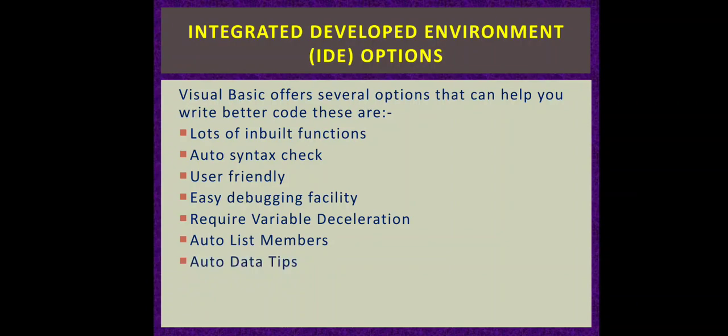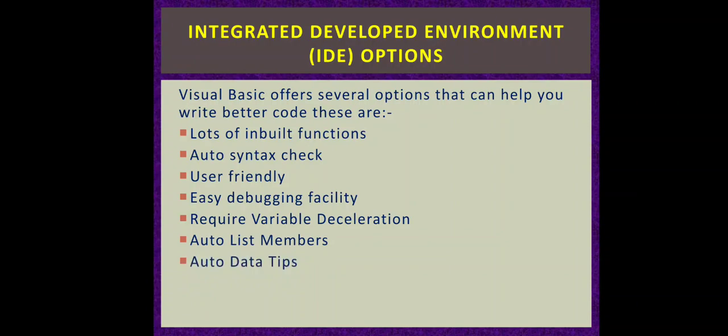Auto data tips means if we put the mouse on a particular toolbox or on a particular icon, it shows automatically what that toolbox is meant for. So these things make the IDE very strong, and that is why programming in Visual Basic is very easy, and programs are developed with a good environment, and we don't need to write so much code.